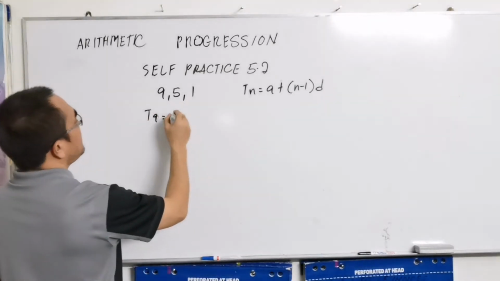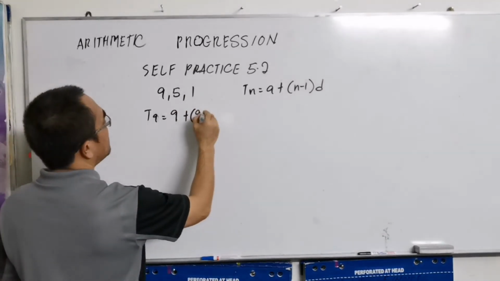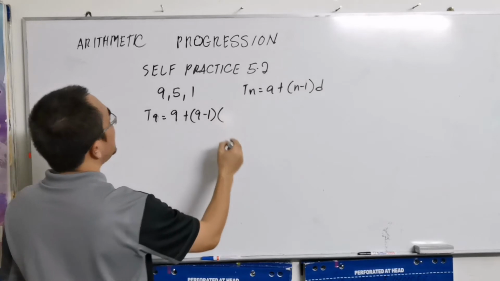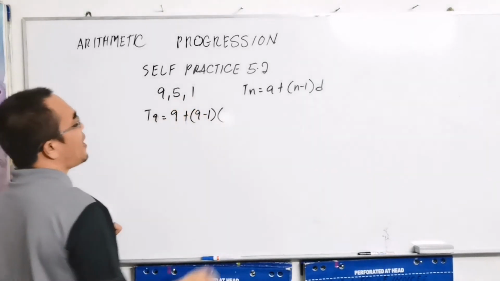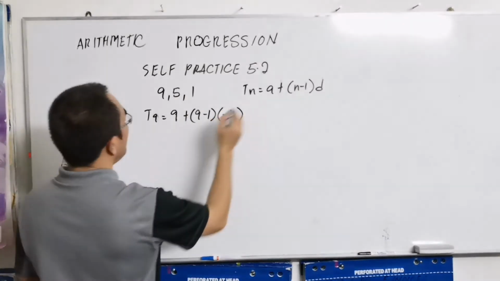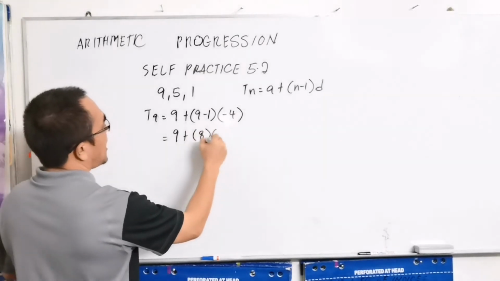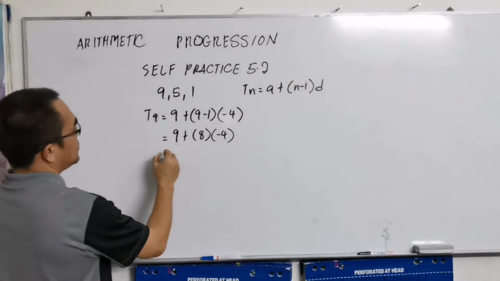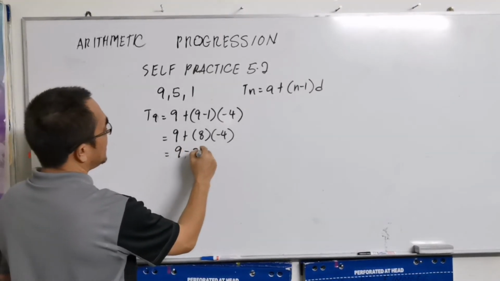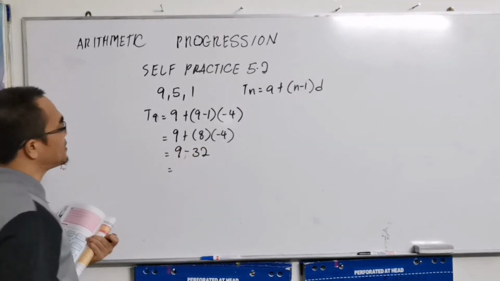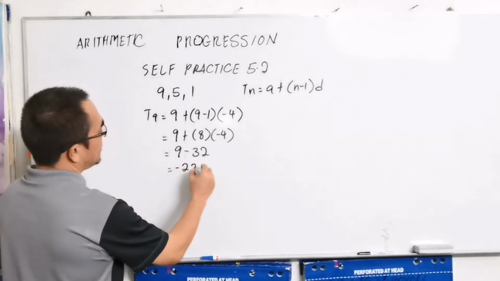A will be 9 plus n minus 1, 9 minus 1, times D. D will be 5 minus 9, or 1 minus 5, which is negative 4. So you have here 9 plus 8 times negative 4, which equals 9 minus 32. 9 minus 32 will be negative 23.